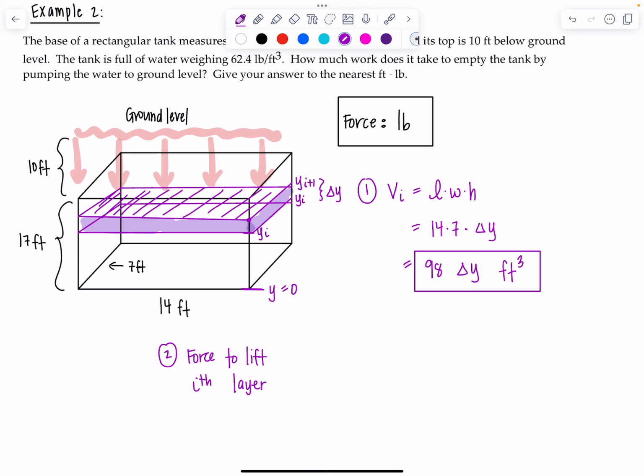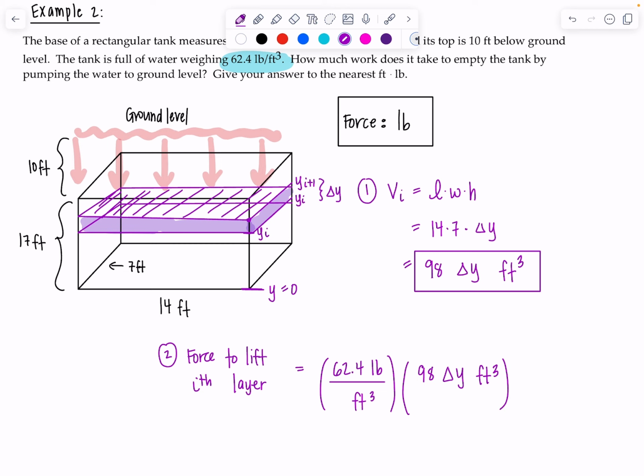So this is where you're going to use the info given that water weighs 62.4 pounds per foot cubed. Put the units in the bottom because then you can have your little mini cancel party. 98 delta y feet cubed.